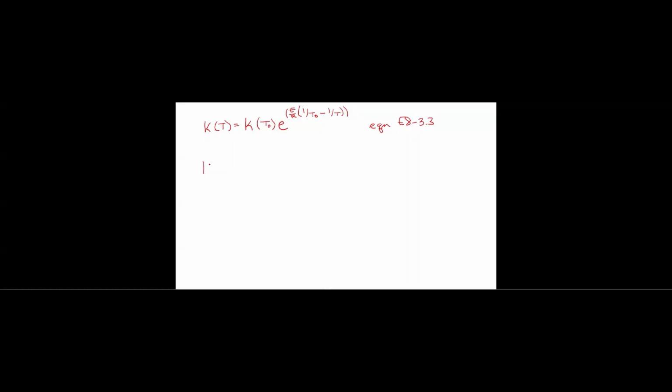And then our Kc is very similar. Our Kc at any temperature is equal to our Kc at a reference temperature times e to the power of, it is not E over R, that is my mistake, it is the change of our heat of reaction over R times that same temperature group of 1 over our reference temperature minus 1 over the temperature of our reactor.